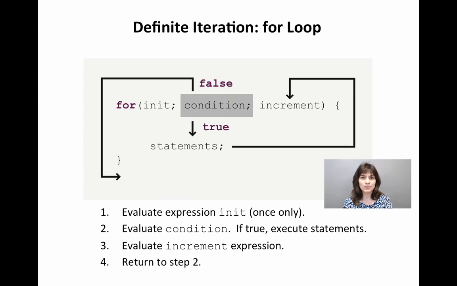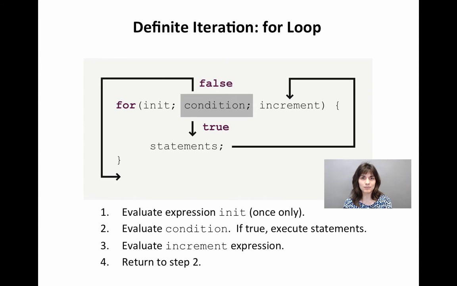After the init statement, we write the condition statement. This is the condition that will determine whether or not the loop will keep on executing. The third expression inside the parentheses is the increment part. The increment part is always executed at the end of the loop statement.